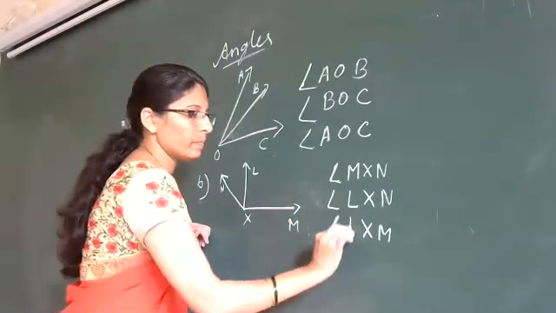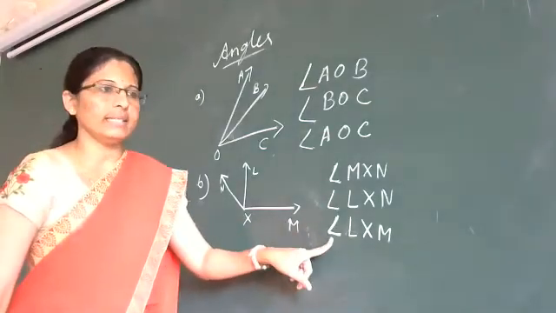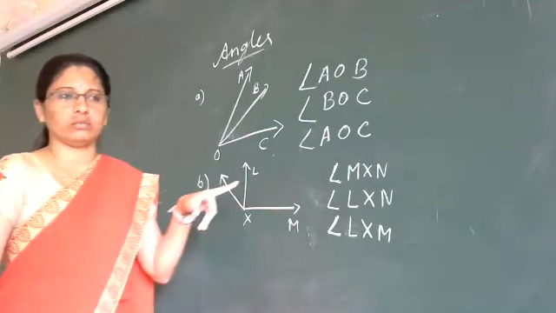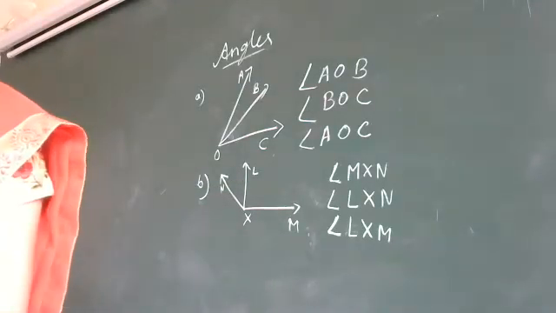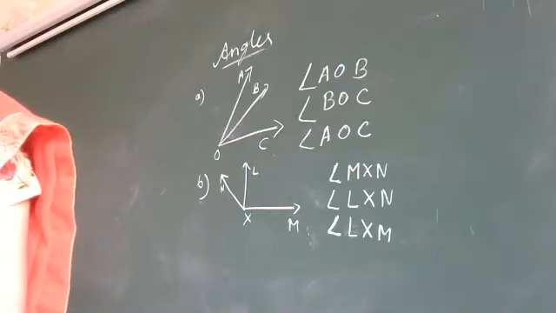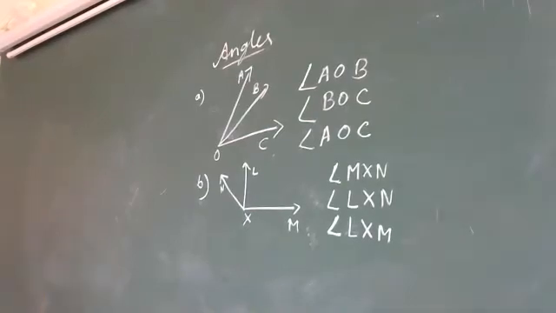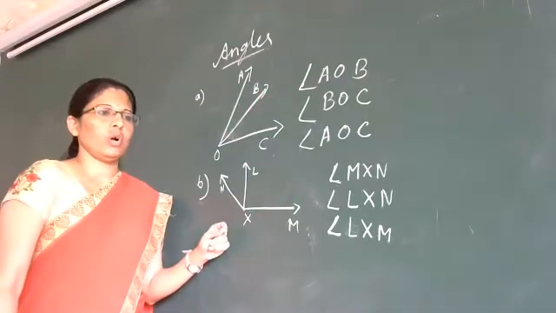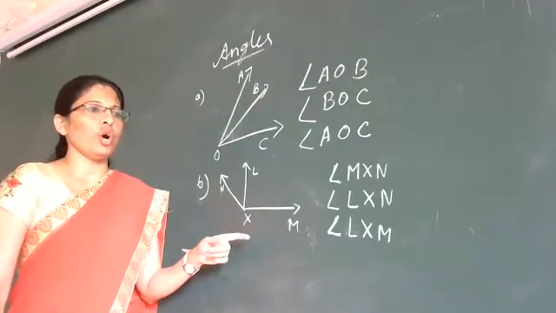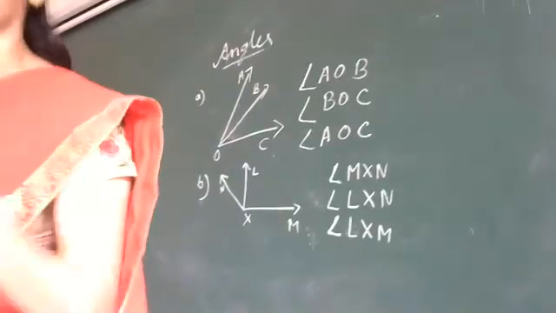This is L and this is angle symbol. Okay. Third one. This over. All wrong. Okay. See the next question.